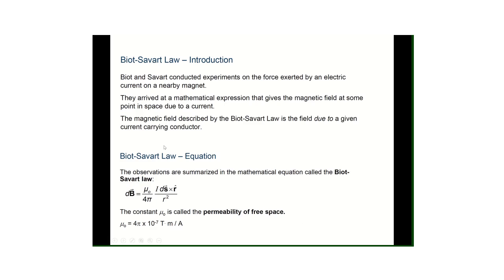So here, Biot and Savart try to find how much is the magnitude of the magnetic field produced by a conducting wire. So then, Biot and Savart proposed Biot-Savart Law to calculate the magnetic field produced by a conducting wire as follows.